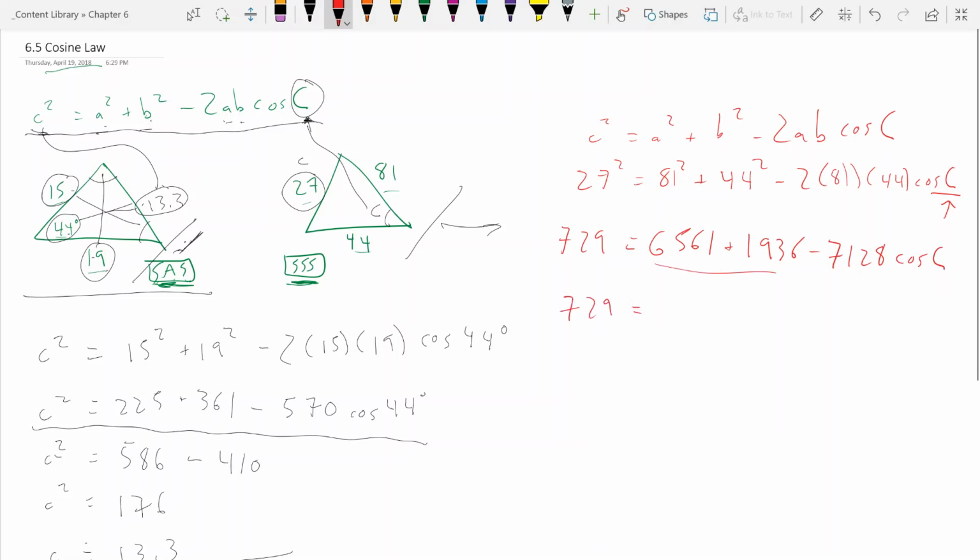Okay, 729. Let's add these together. 8497 minus 7128 cos C. Okay, now I'm going to subtract that on the other side. -7768 equals -7128 cos C. Now I'm going to divide away this.